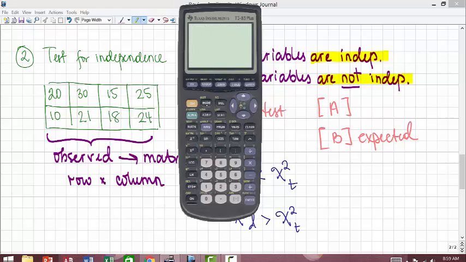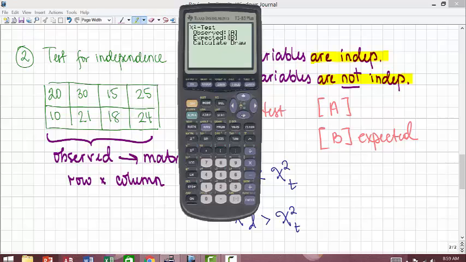Alright, and then you can compute the expected values by hand, but you actually don't need to. If you go to your test, and it's all the way on the bottom, chi-square test, that's included in both TI-83 and 84 calculators. And you run the test. So observed values go in A, expected in B. You do not need to plug anything in there.